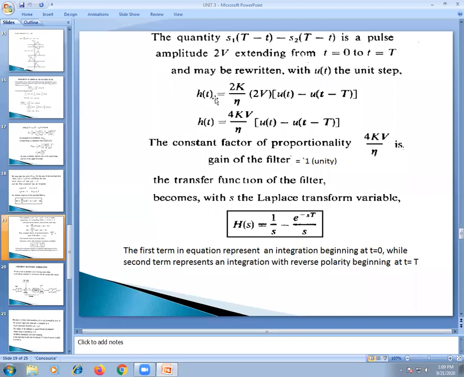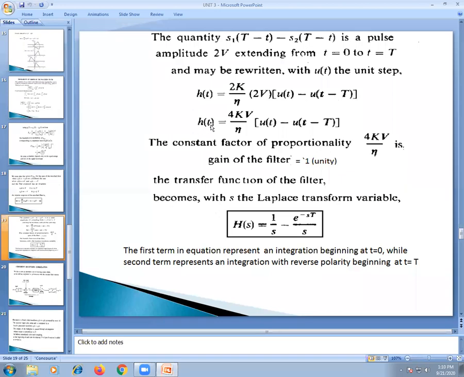Now h(t) is equal to 2k by eta, times 2v as the magnitude, times u(t) minus u(t − T). u(t) is the positive side, and the shifted version is u(t − T).